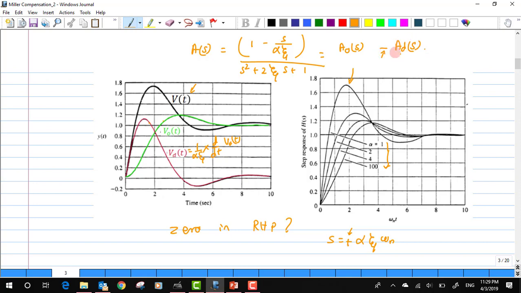So what it signifies is that rather than adding the response produced by the A naught of s term and the A d of s term, which is nothing but v naught of t and vd of t, in the previous case we added both the responses to produce the total response of v of t, but now in this case we have to take the difference between these two expressions in order to create the response of v of t, right?